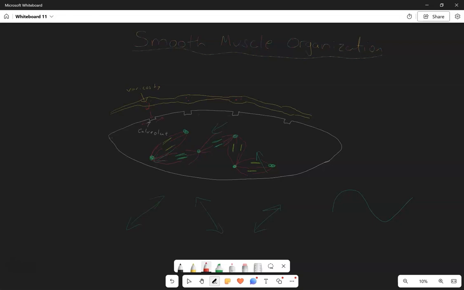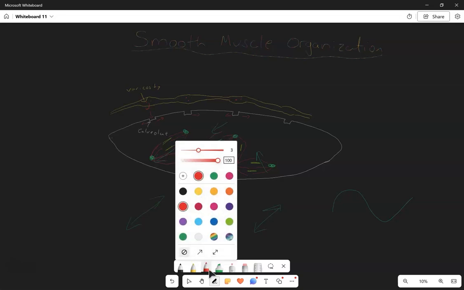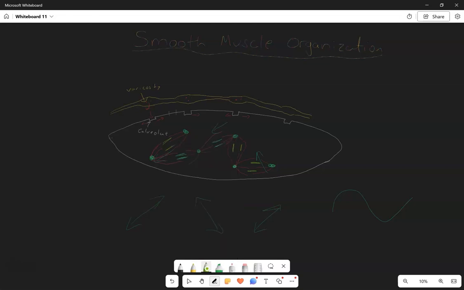Okay? And when that signal spreads out in this direction, eventually it will hit a voltage gated channel. Okay? And this is going to be a voltage gated calcium channel, right?